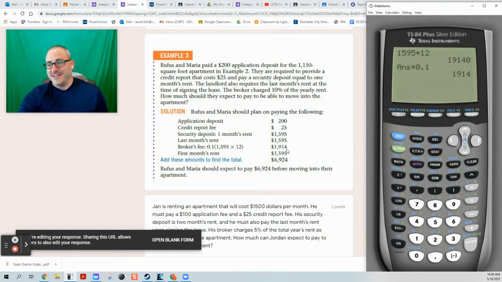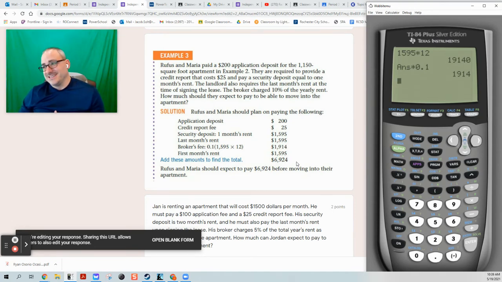Fortunately, you're paying your first month's rent up front, so you don't have to pay it a second time. So this is kind of coming back to you, so to speak. Then you add all these up and get a sum of $6,924. That's what Rufus and Maria need to have saved: a check for $6,924 in order to move into this apartment.